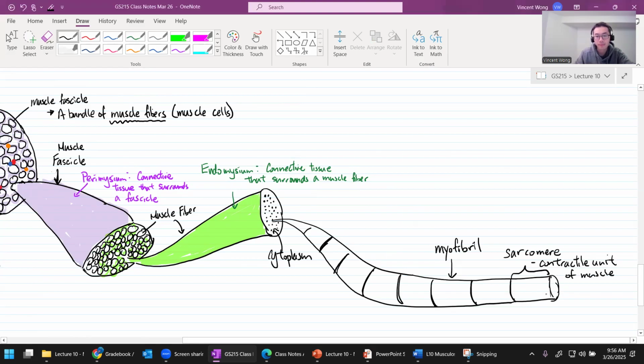Now we're going to learn more about the sarcomere in a bit, but you just have to believe me that the sarcomere is made up of various proteins, and these proteins will arrange themselves like this.